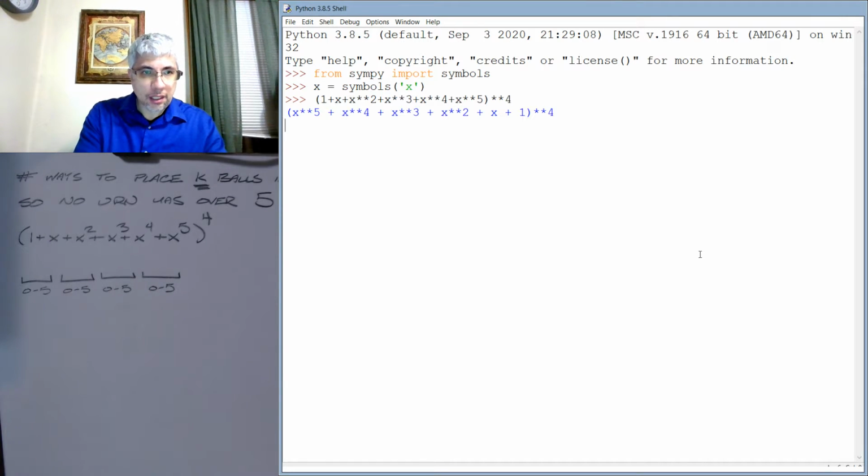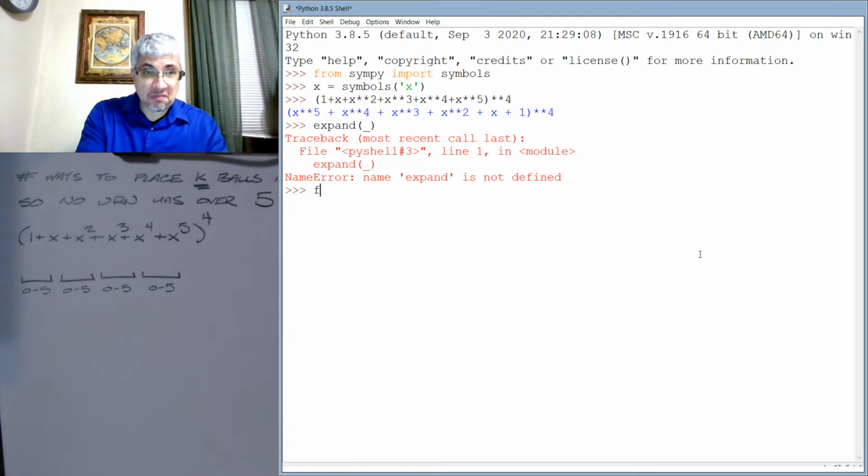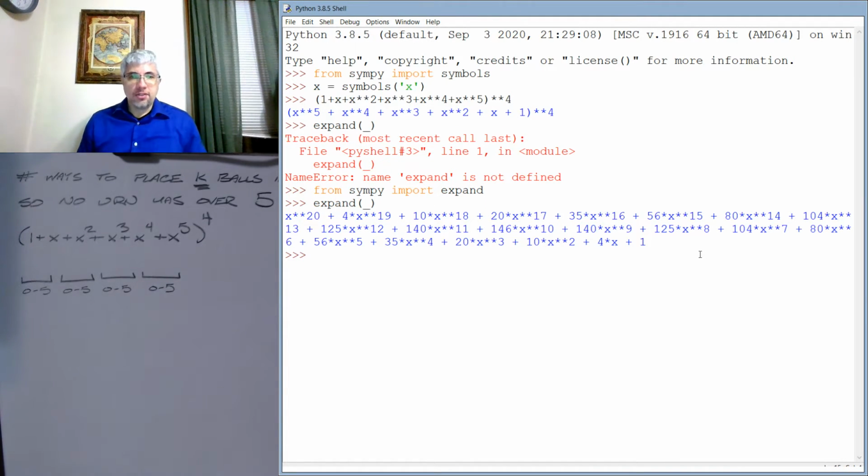And I write that out, and it just gives me that, but then I hit expand. Let's import it. And then expand.